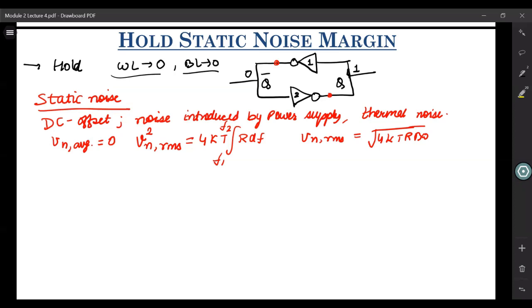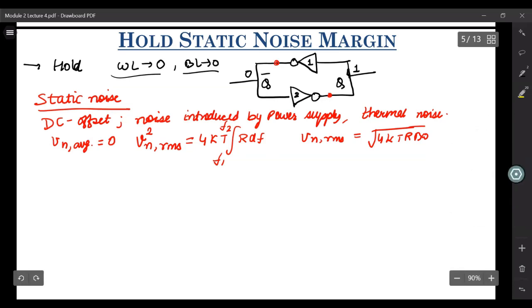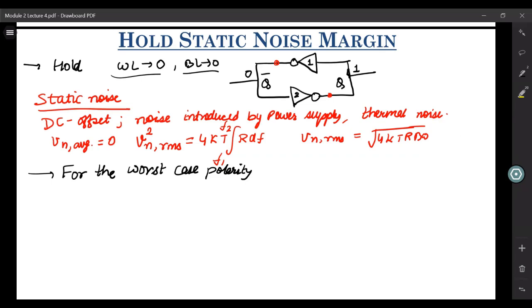So this is called HSNM, and how you define it is, for the worst case polarity, which we'll define in a minute. What exactly is the worst case polarity? The worst case polarity is the one which leads to positive feedback and flipping of the existing state of this SRAM cell.